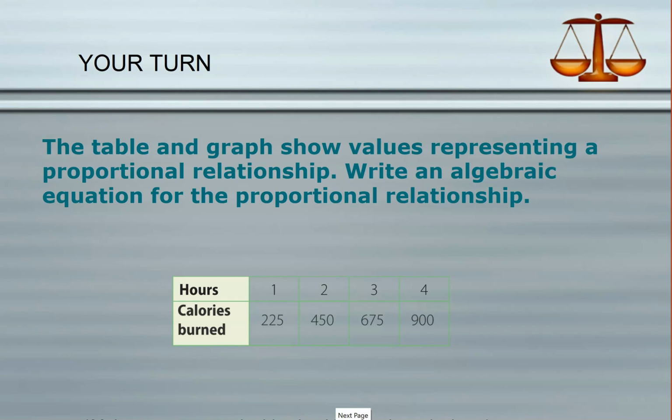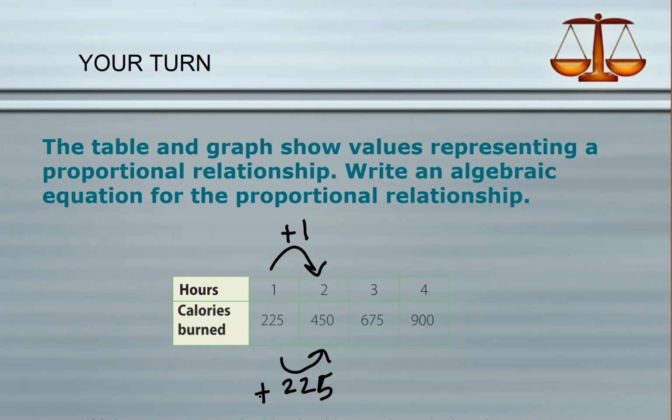All right, so the table and graph showed values representing a proportional relationship. Write an algebraic equation for the proportional relationship. So again, we're finding the constant. So 1 to get to 2 plus 1, 225 to get to 250 plus 225.